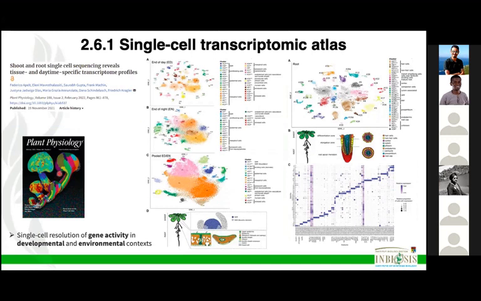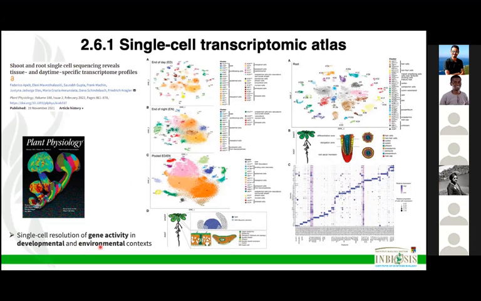So basically what they've done is use flow cytometry with gene markers of different cells, and then they sort the cells using FACS, and then they do transcriptome sequencing for all the cell populations from these different tissues, from the shoot as well as from the root, to identify gene activity in a developmental and embryonal context.